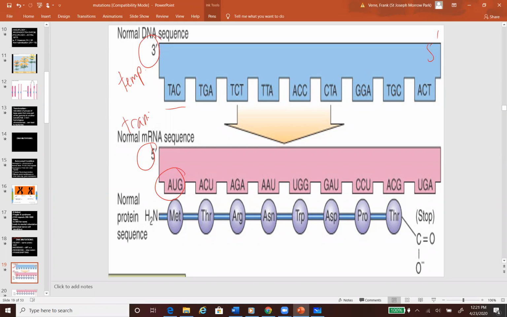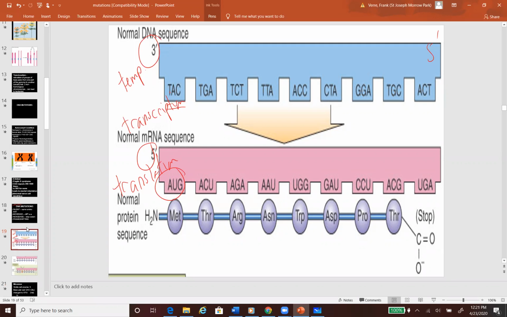And then we know that you take your transcript, and if it's eukaryotes, we modify it a little bit. We do a little bit of cutting, capping, and tailing, but eventually it gets translated into a protein, which is what you're seeing right here. So AUG becomes methionine, ACU becomes threonine, and so on.